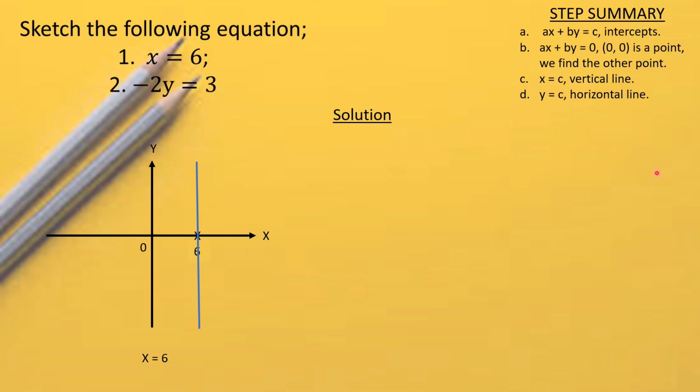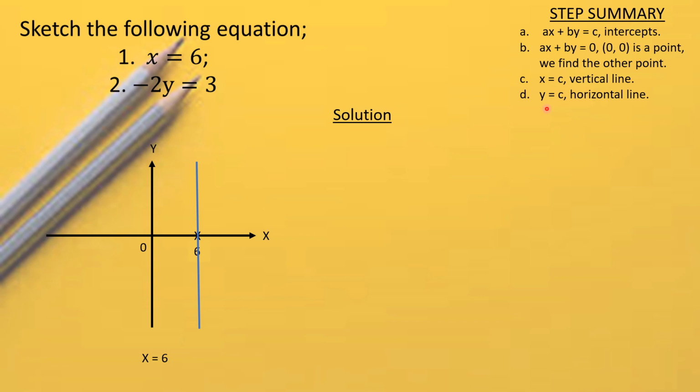For the other one, minus 2y equals 3 takes the form of y equals c, and the meaning is that we are drawing a horizontal line which is parallel to the x-axis at y equals c.